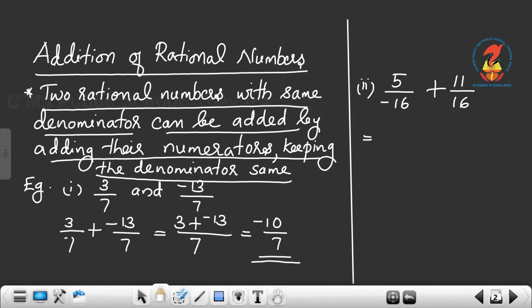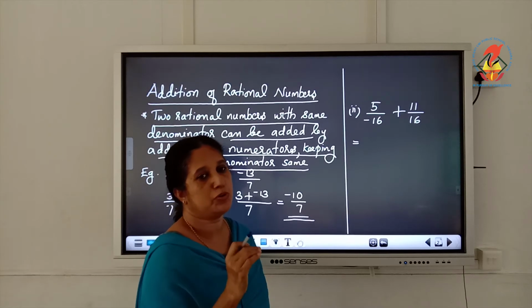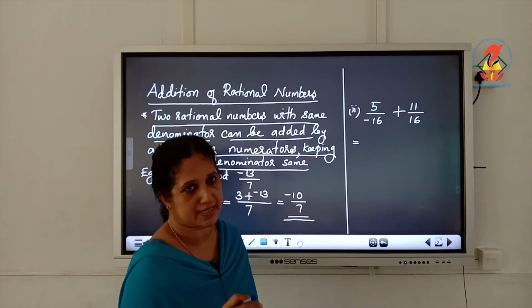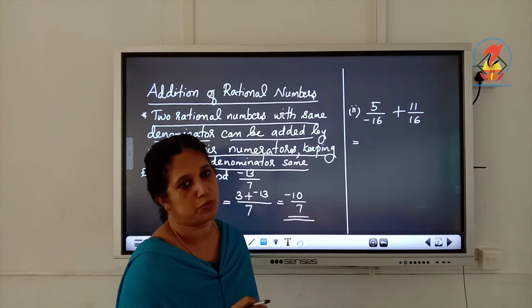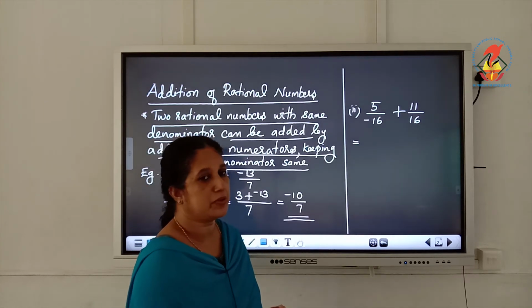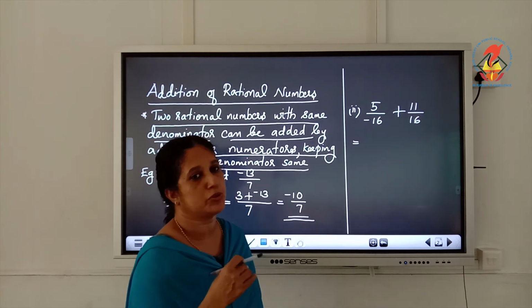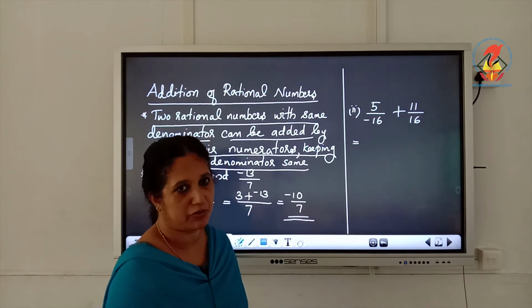Now next, 5 by negative 16 plus 11 by 16. All the time you have to look into whether the denominator is positive for doing addition and subtraction. So make the denominator positive if it is not positive. How can you make it positive? You have to multiply both numerator and denominator by negative 1.